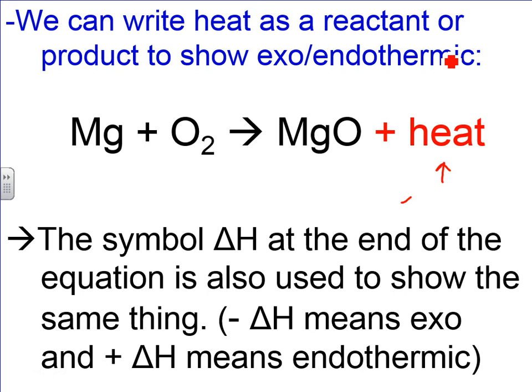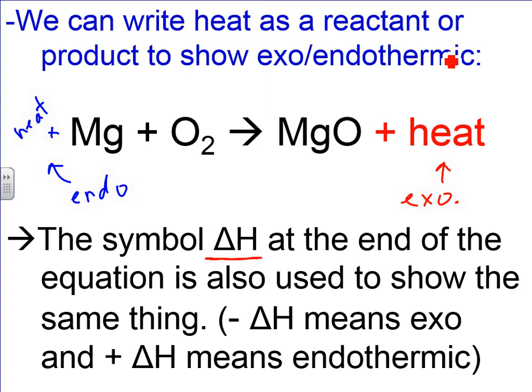If we were to write heat as a reactant, if for example you needed to heat the reaction for it to go, then it'd be an endothermic reaction. So if heat was added here, then that would be an endothermic reaction. And then a fancier way of doing this, the way we'll do it in an honors chemistry or even a regular chemistry course, is to use this symbol here, delta H. Now delta H, the delta means the change in heat.